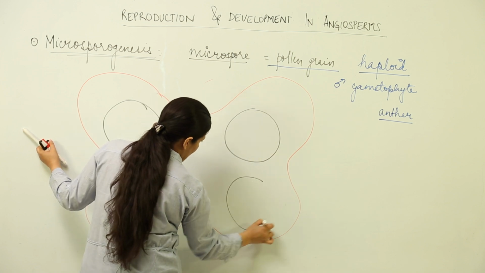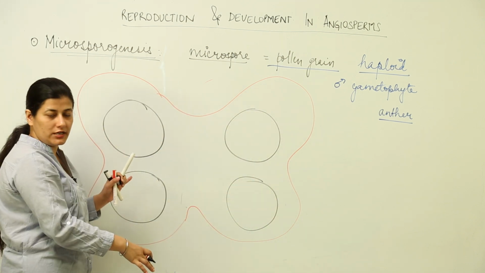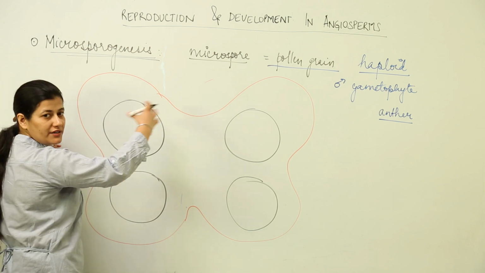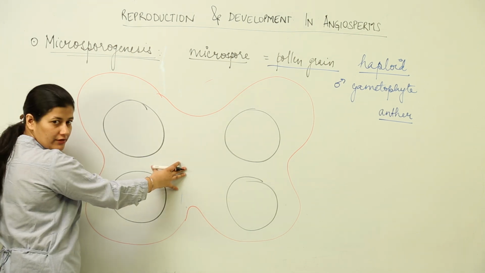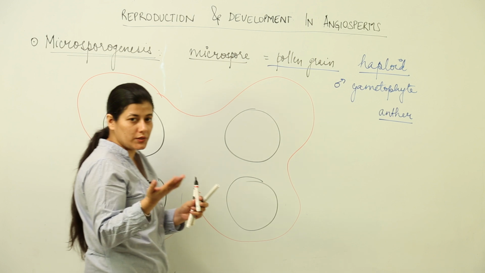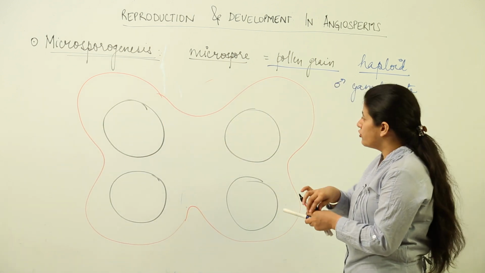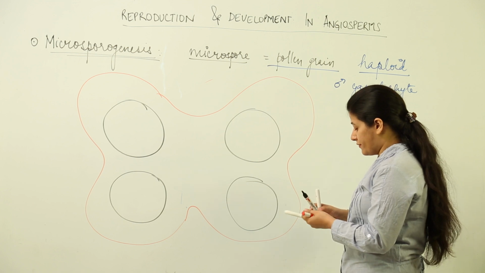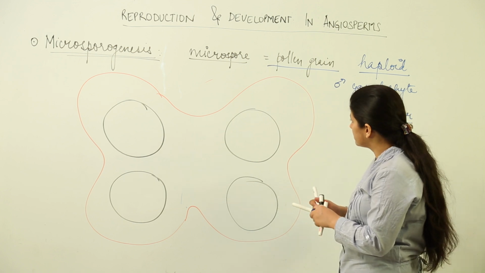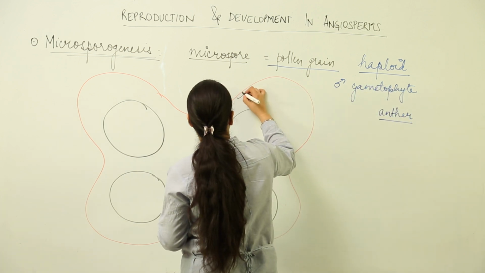So we have 4 lobes in total. Now this butterfly like structure is the anther being observed like this, transverse section of the anther. Now what you see over here is the outermost layer. We have many layers over here.